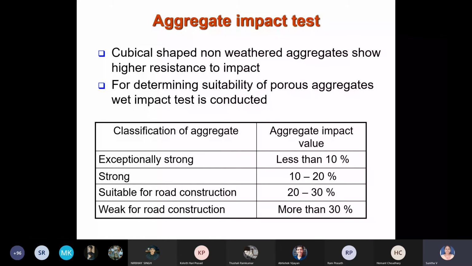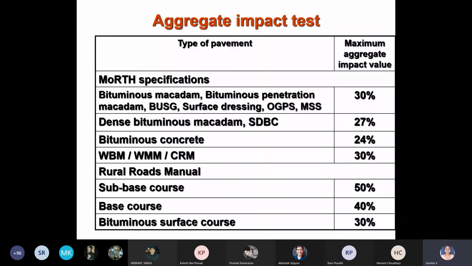For a strong aggregate, the impact value will be less than 10%; only a very small percentage will pass through the sieve. It's 10 to 20 for good. If it is suitable for road construction, at least it should be 20 to 30. And if it's more than 30%, then it's weak for road construction.